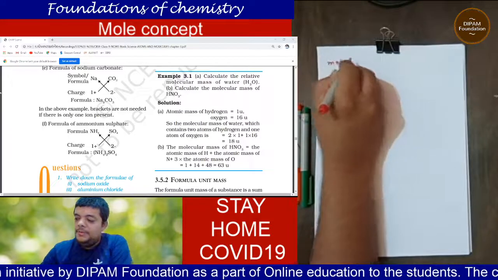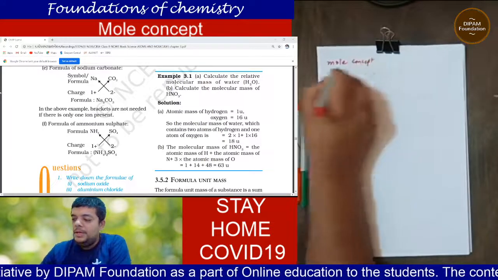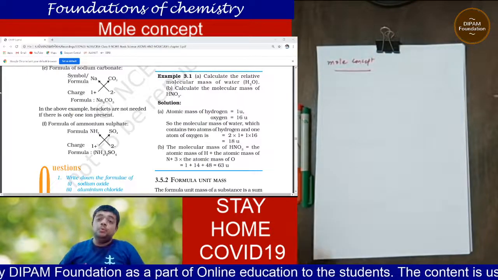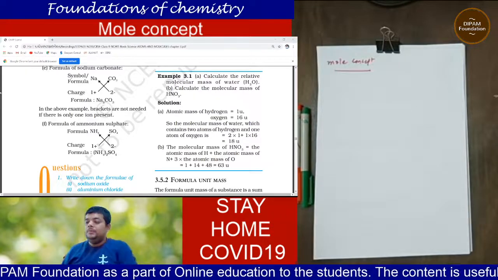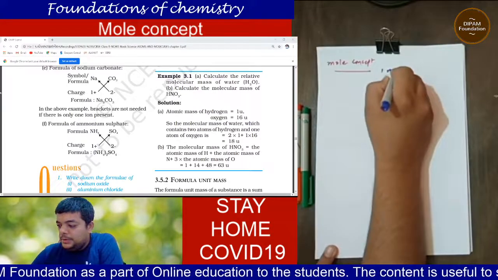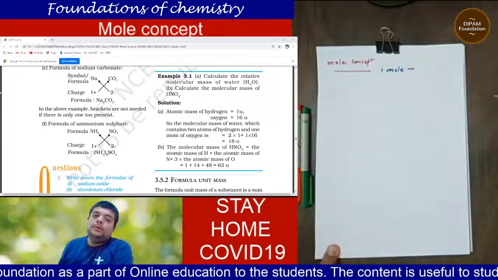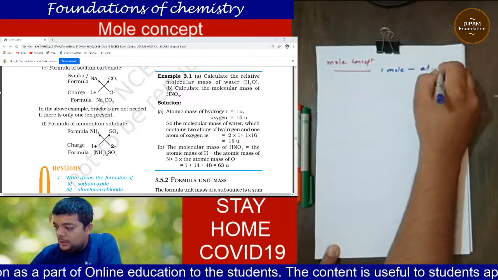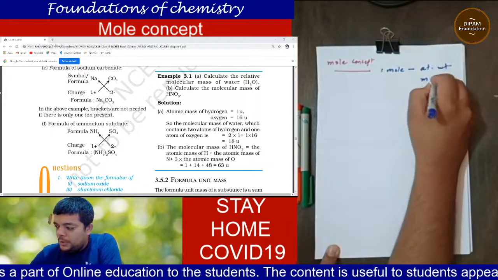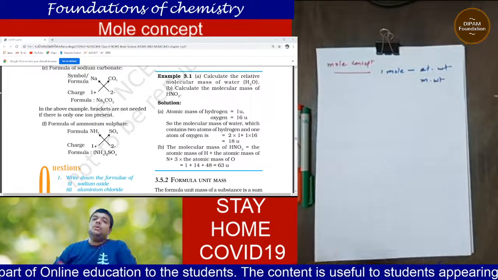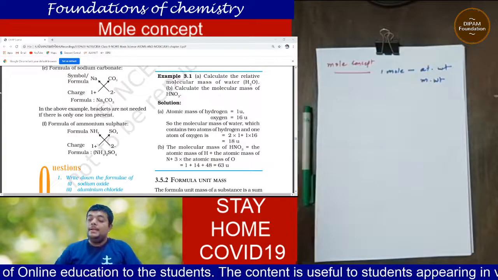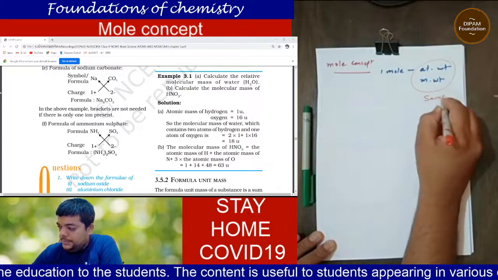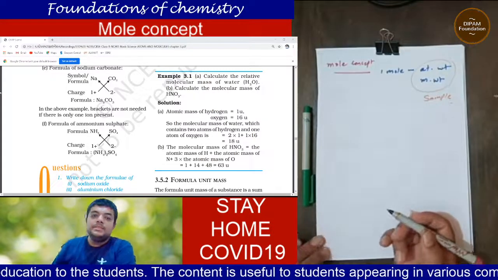See, whenever we are dealing with mole concept, always keep two things in mind, that whenever you coin the word 1 mole, you are coining something which is equal to the atomic weight or molecular weight of the sample that is under study. What does this mean?